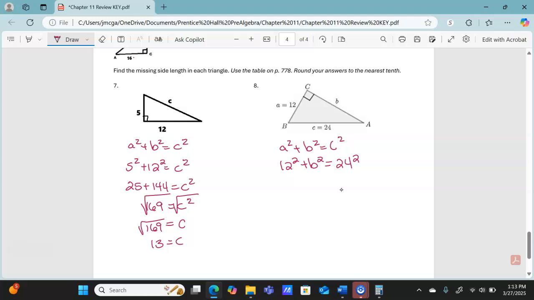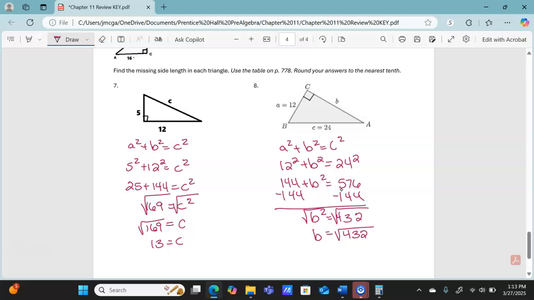That one I know. 24 squared is 576. So subtract 144 from both sides. And that's 432. So I want the square root of 432.